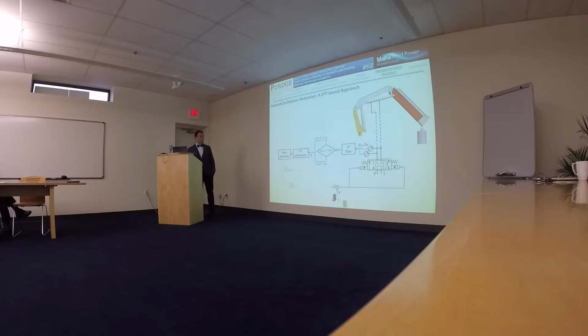So now we extrapolate the information about the amplitude at the double frequency of the payload oscillation. And what we do is generate a sinusoidal command to the valve in order to generate a sinusoidal motion of the boom. Those two parameters, the amplitude of the sinusoid and the phase, are something that we have to optimize.